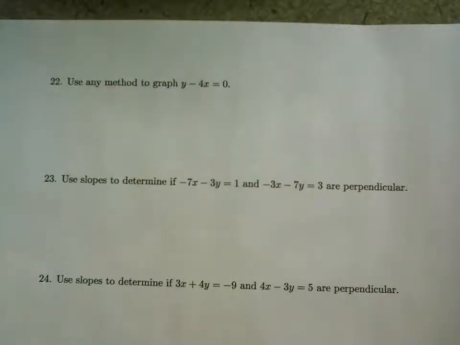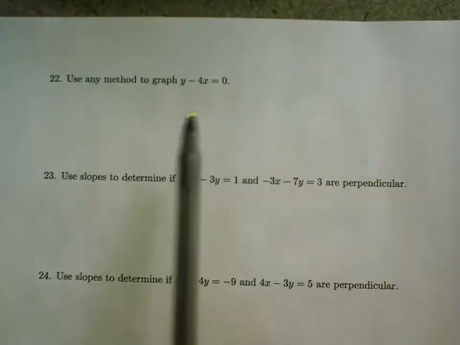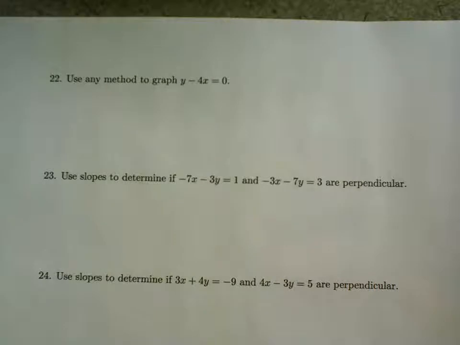So I'll give you a few seconds. Find the ordered pairs of 2 points that are on that line. 2 points that we can plot and then draw a graph.